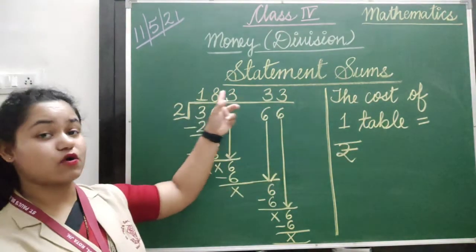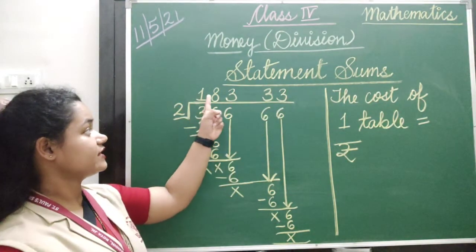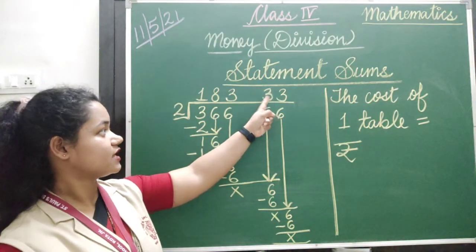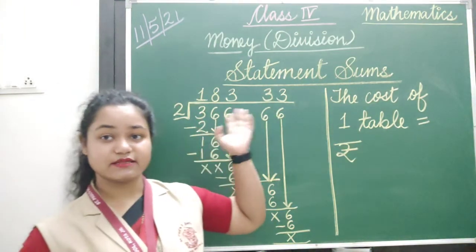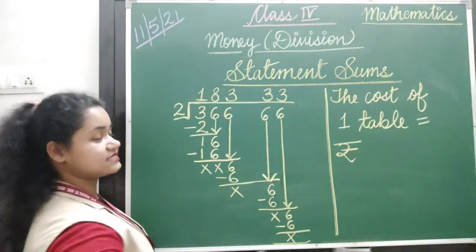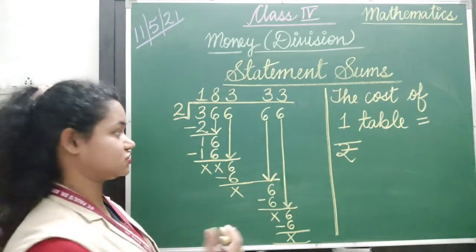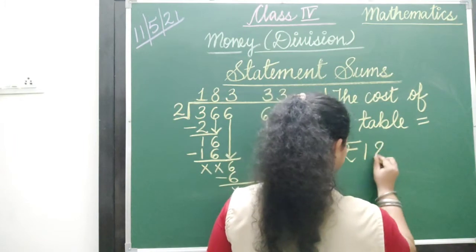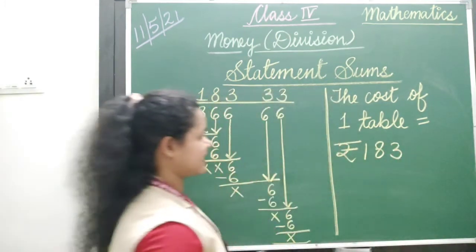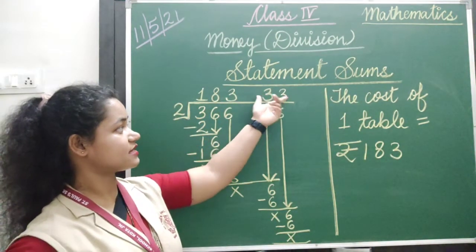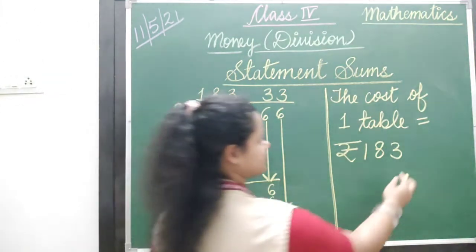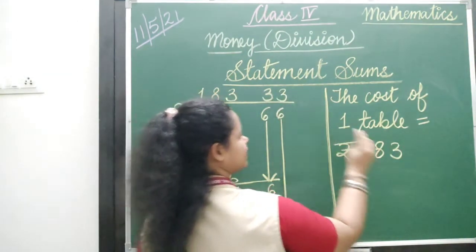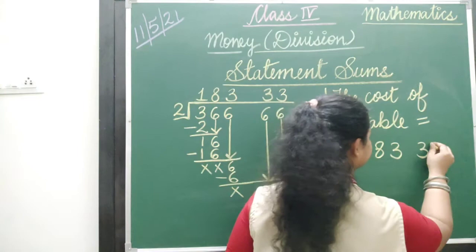Then I will start copying these digits. 183. Don't say it in this way, 183. Just call out the digits, okay? 1, 8, 3. And since this number is coming after a space, leave little space and then write 33.